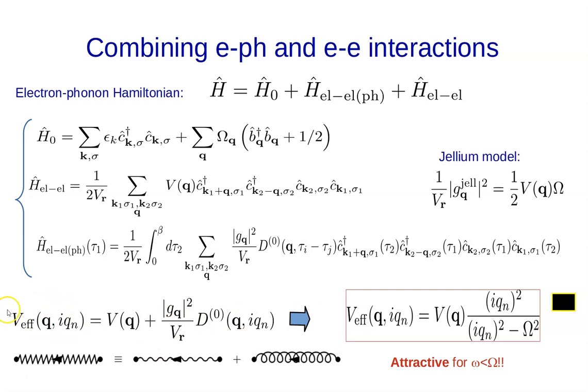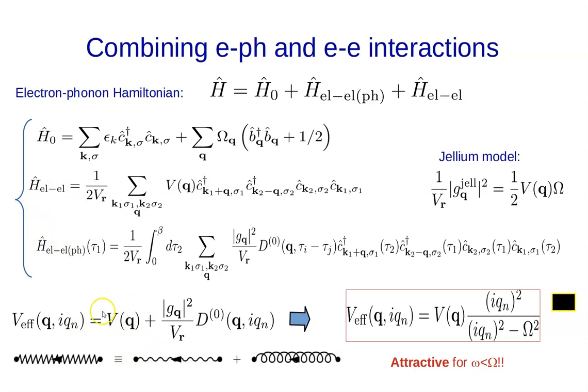We can actually get an expression for this, and we're going to see that this has a rather simple expression in terms of the bare Coulomb interaction and these Matsubara frequencies and the plasma frequency that comes from the coupling here. And we're going to see that even though this bare Coulomb interaction is always repulsive, except that, well, if you put the minus sign here, in the case of the electron-ion interaction it is attractive, but we're always considering the electron-electron term.